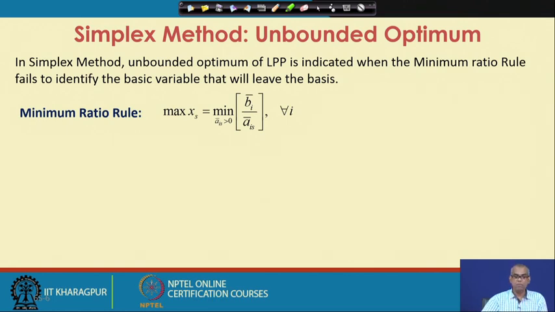Remember the minimum ratio rule? You basically divide bi bar by ais bar such that ais is greater than 0 and you take the minimum ratio, and that is the maximum increase in the non-basic variable xs, which will retain feasibility.